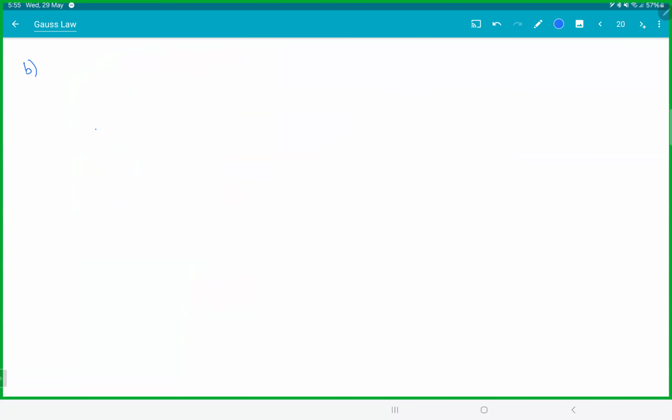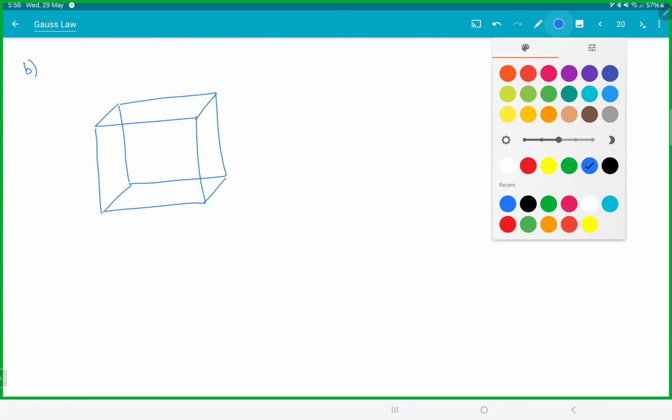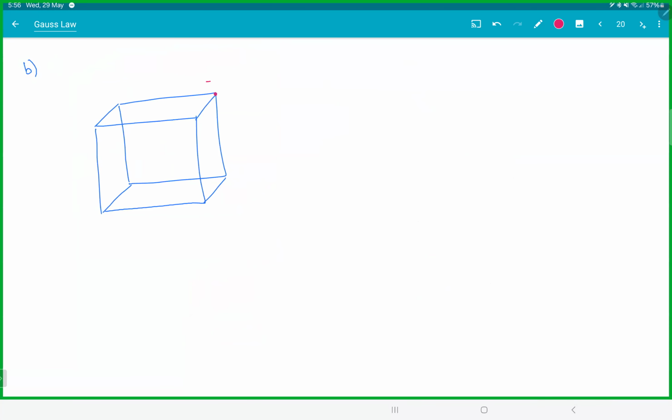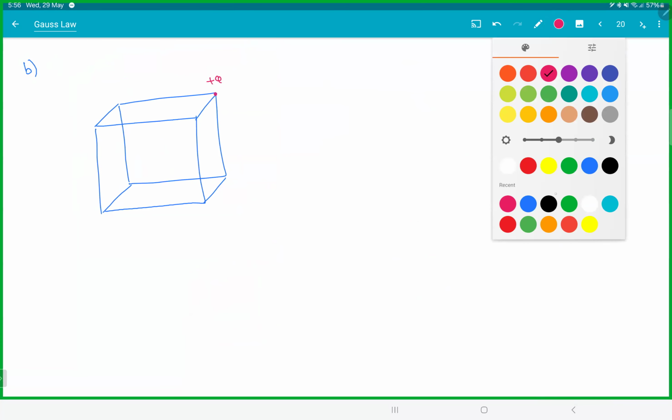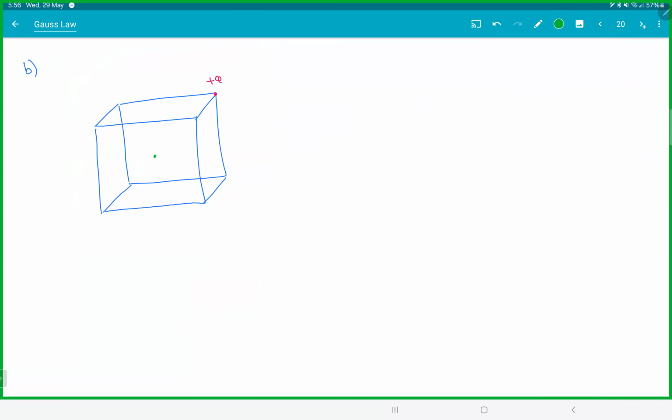Now, this charge which you kept here, plus q, this is your center.